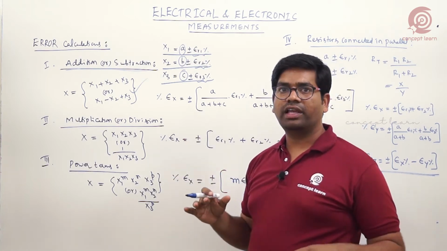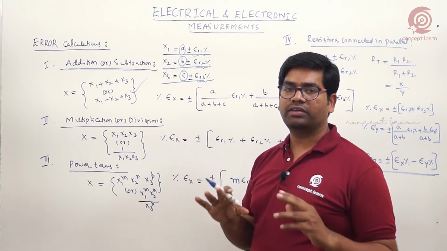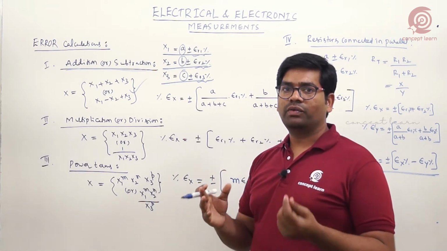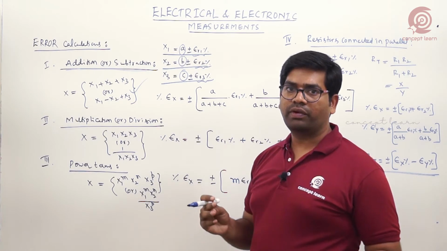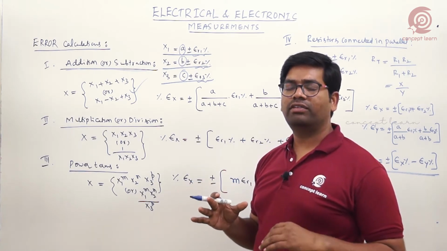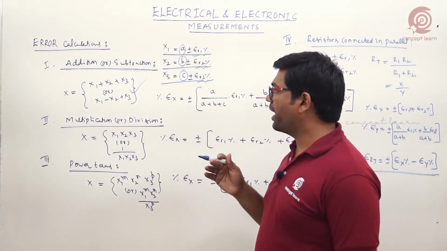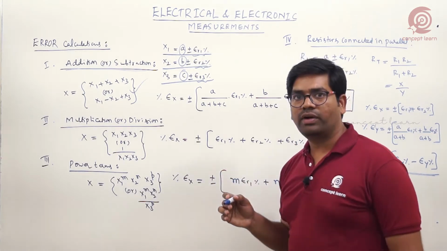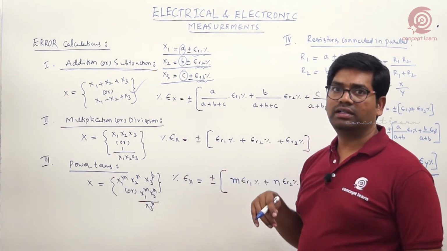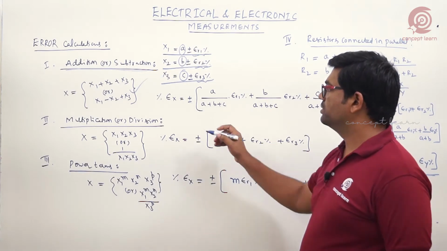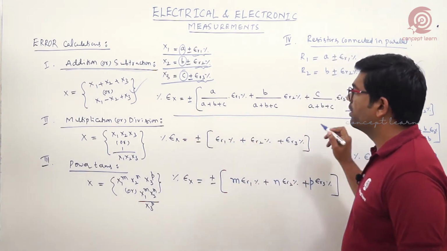Suppose when they give input power and output power for a particular electrical machine, when we want to find losses, we get input power minus output power, so there we have subtraction. In such categories, how do we find the error associated with that equivalent value? Then we use this relation.